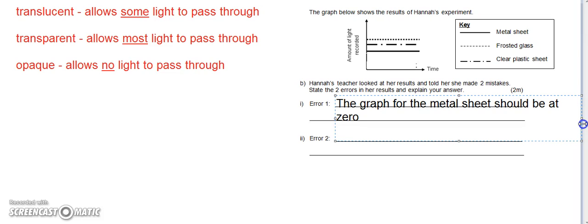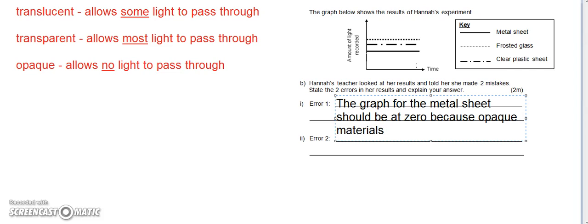Okay, the graph of the metal sheet should be at 0, because opaque materials would not allow any light to pass through.